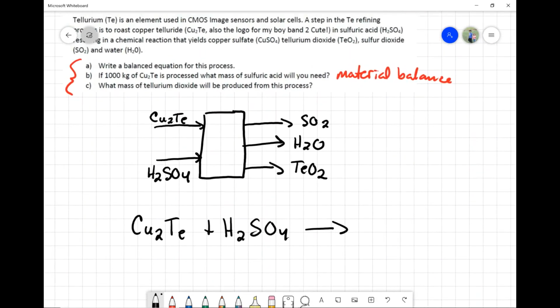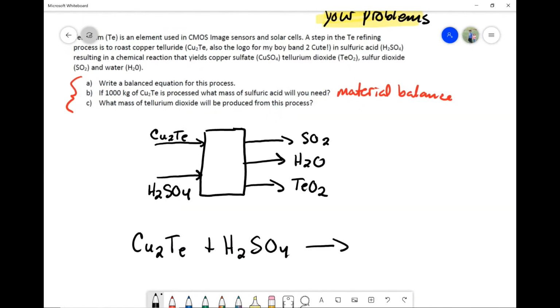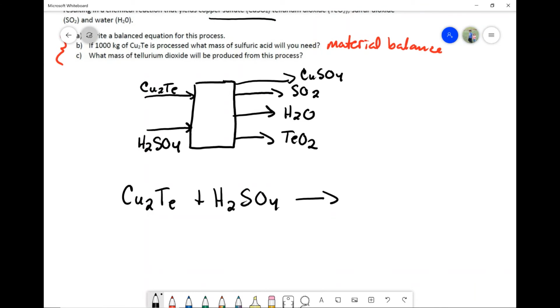Oh, I missed one here on my chart, sorry about that. I missed the copper sulfate. So there are a lot of products here.